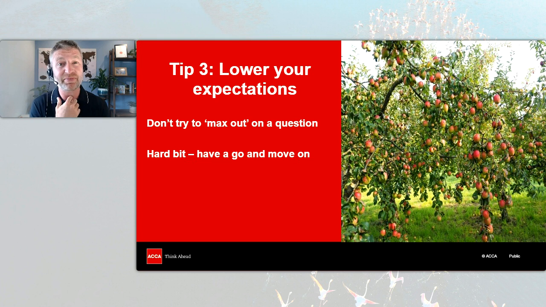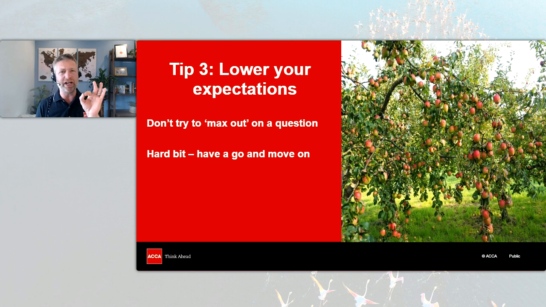And if I hit something difficult, some tough financial reporting, something that I haven't revised, a question that I haven't really prepared for, I'll have a go and then I move on. Because if there is a difficult bit, some hard financial reporting that you don't know, you're probably not going to earn any marks on it.